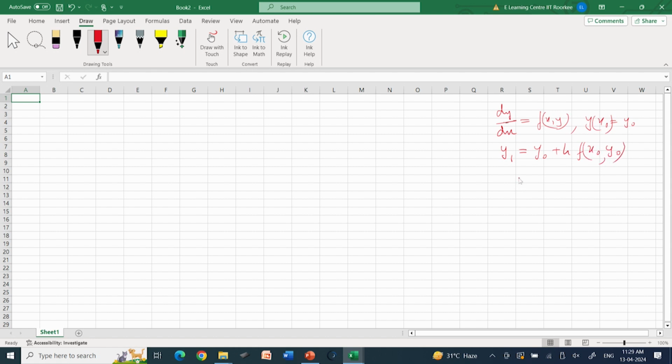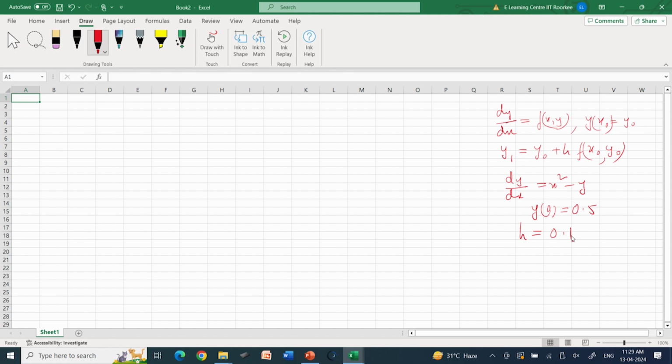The example which we will take is dy/dx = x^2 - y. The initial condition is y0 = 0.5 and this increment h is equal to 0.1.